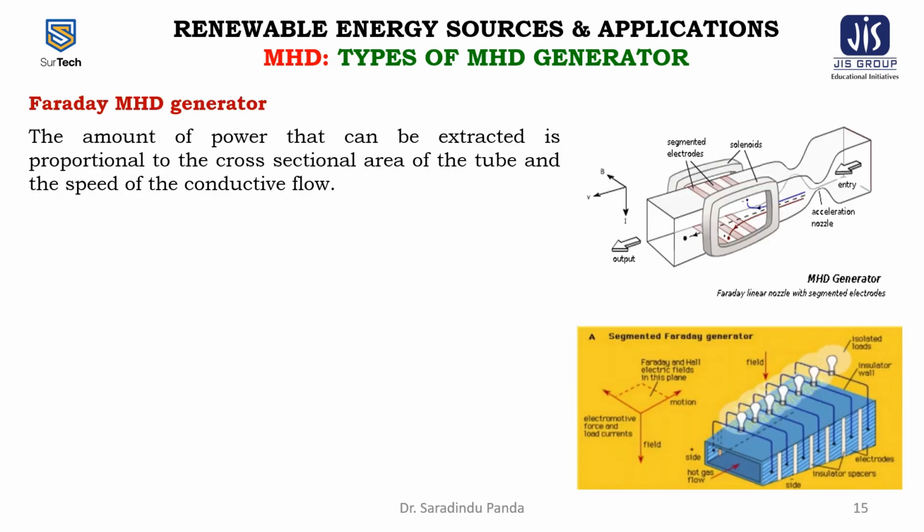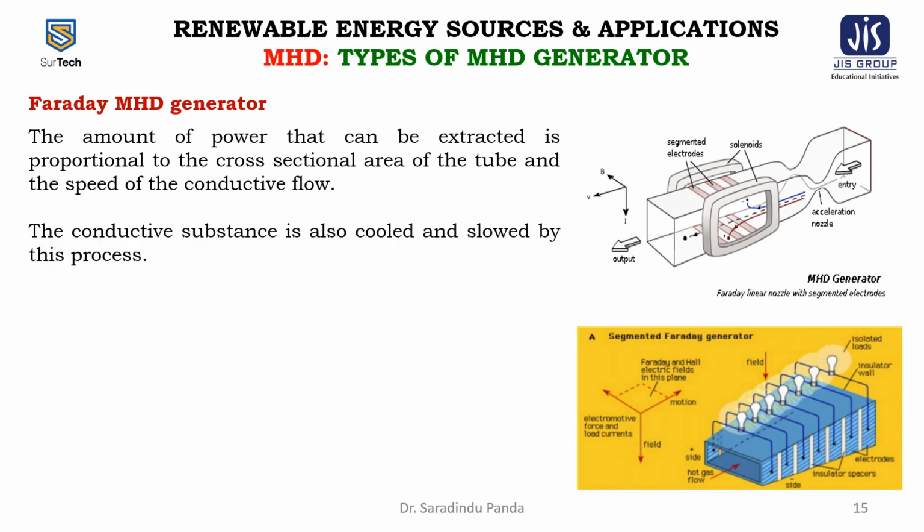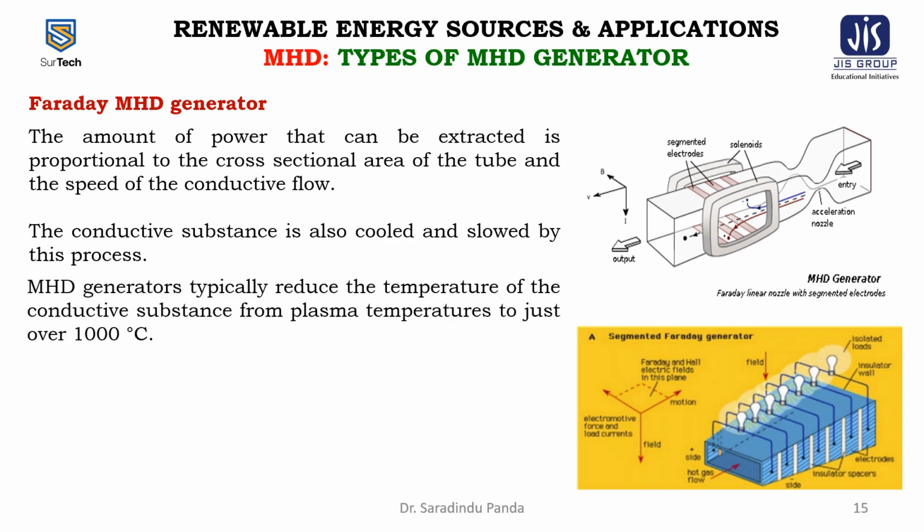The amount of power that can be extracted is proportional to the cross-sectional area of the tube and the speed of the conductive flow. The conductive substance is also cooled and slowed by this process. MHD generators typically reduce the temperature of the conductive substance from plasma temperatures to just over 1000 degrees centigrade.